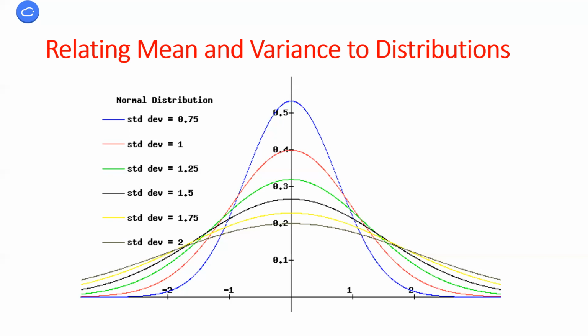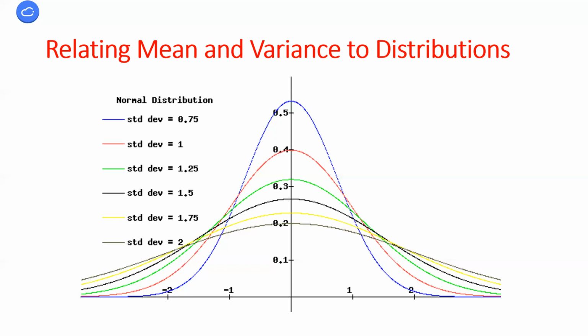So how does this change the shape of our distribution? It's still centered around the same value, since the mean female IQ and the mean male IQ are the same. But we end up with a distribution that's a little bit flatter. This red line represents the male distribution of IQ. If we have higher variance, there's more variation in the data. So the values near the mean become less likely.